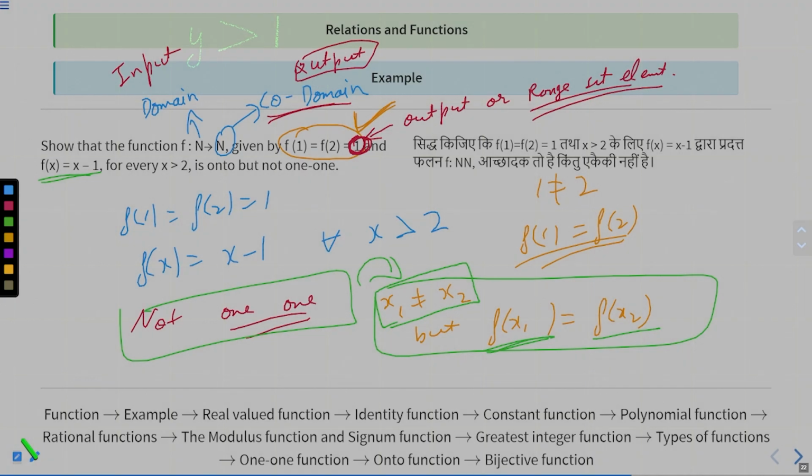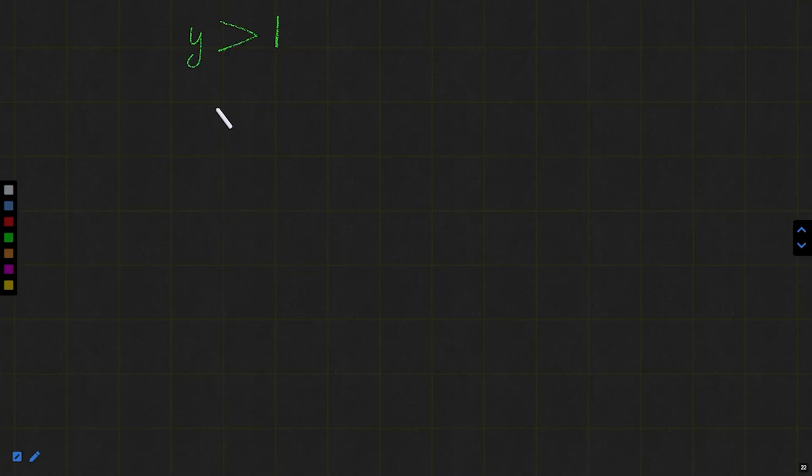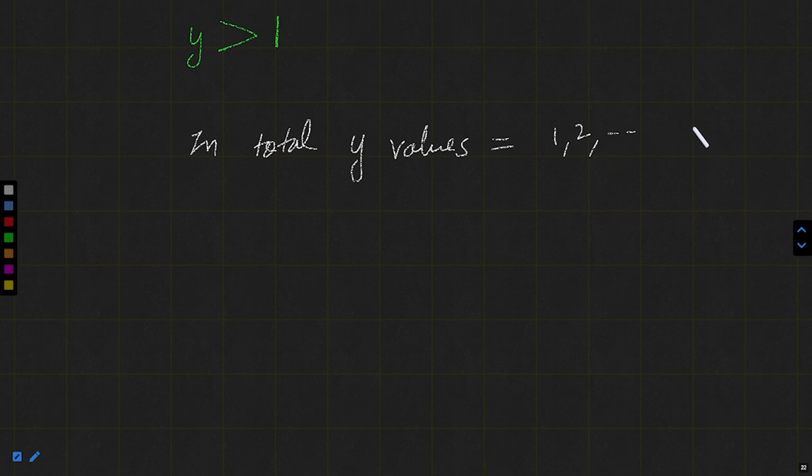Okay, but from this alone, I can say that y can also take the value 1 when x is 1 and 2, because it is already defined over here. So y can also take the value 1. This means in total the set of y values will be 1, 2, till infinity.